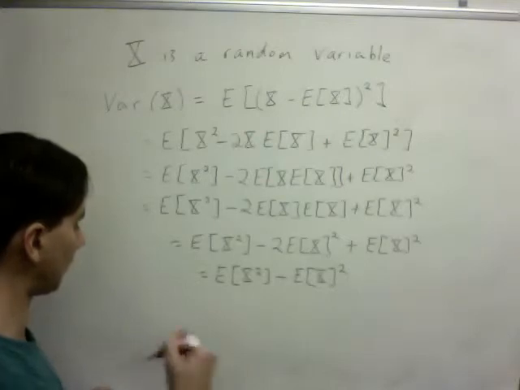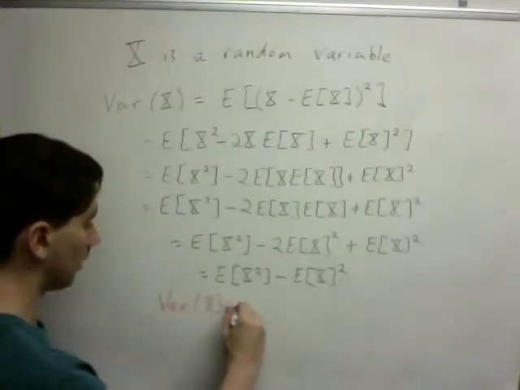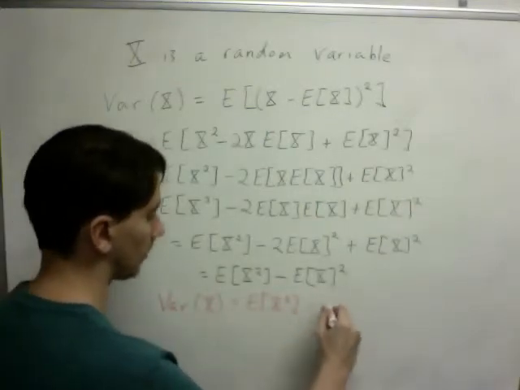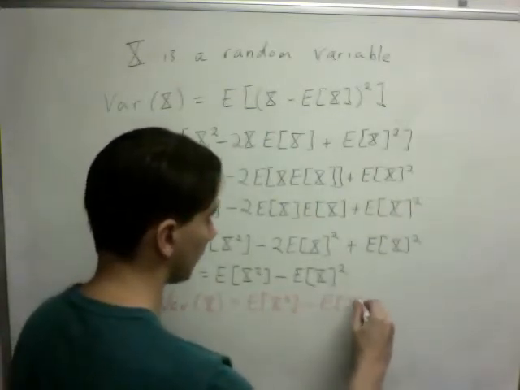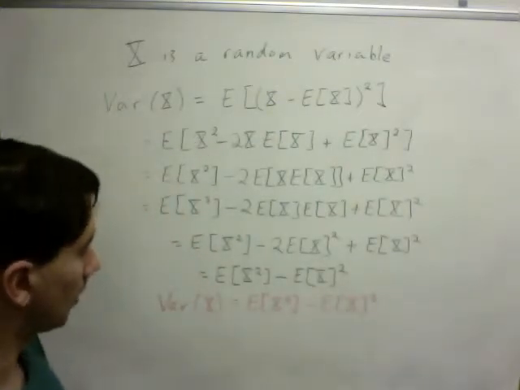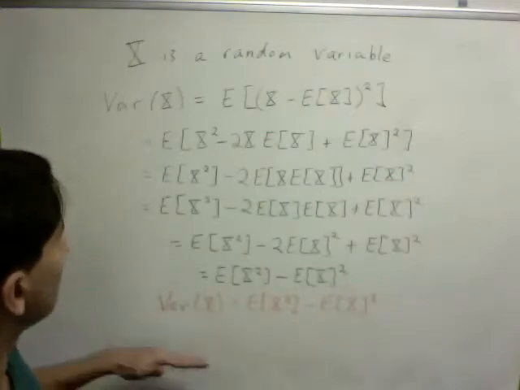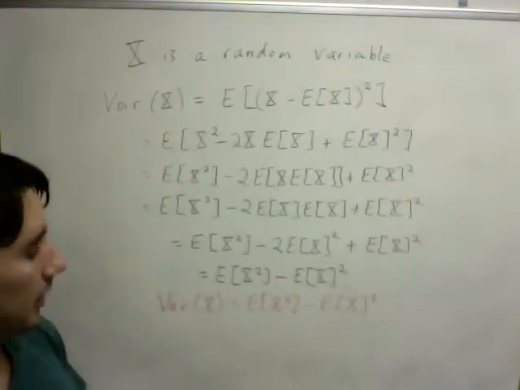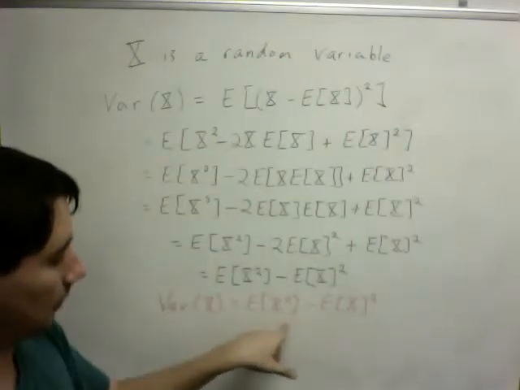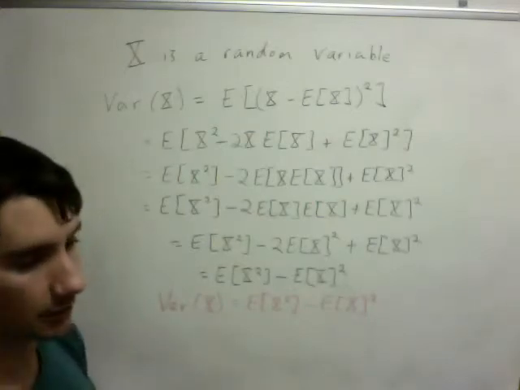So what we've derived here is that the variance of x is the expected value of x squared minus the expected value of x, with the square on the outside, this quantity squared. So this and this are both equivalent formulas. You could work all these steps backwards, and so if we started with this definition, you'd rederive the other definition as well. So these two things are equivalent.